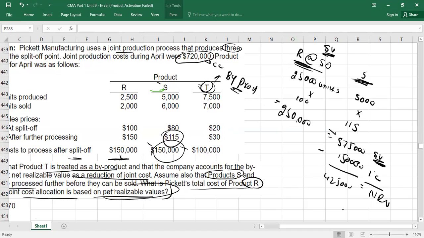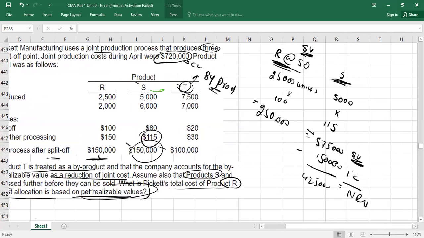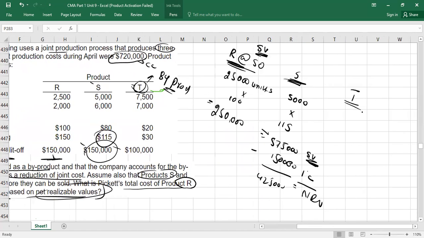Same you will deal with product T. T is also going to be processed further. And don't forget, T is your byproduct, but we need NRV for that. Understood? So T, how many units we have? 7,500. What is T's processing cost?